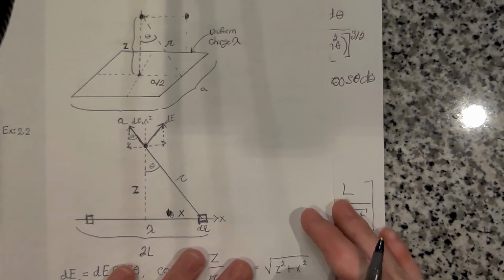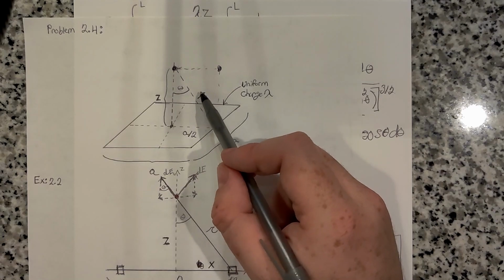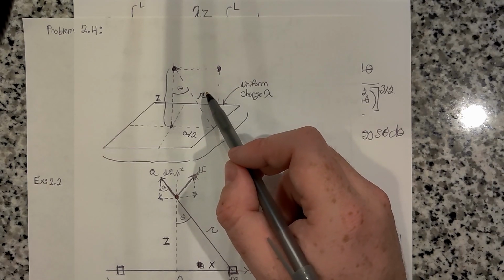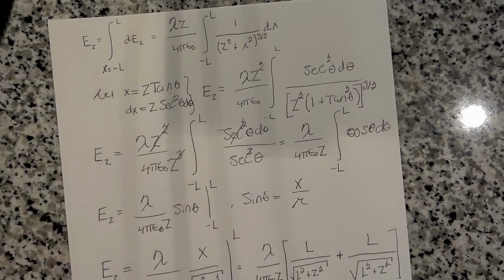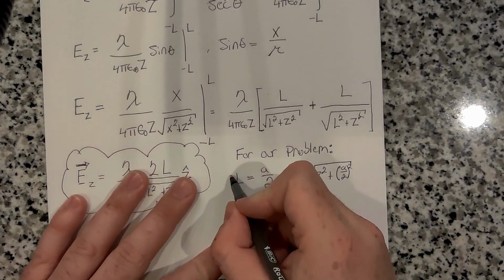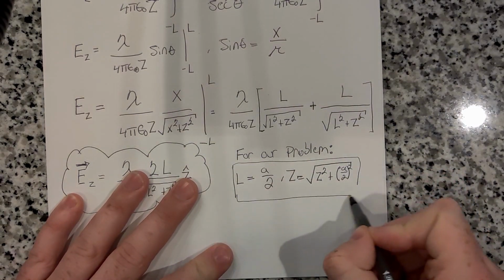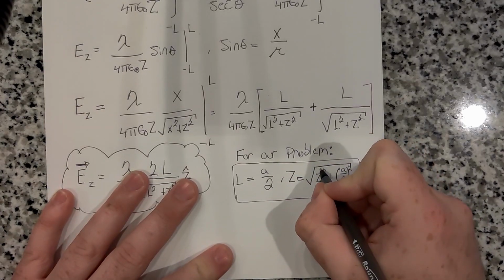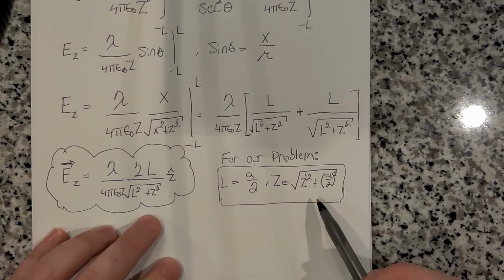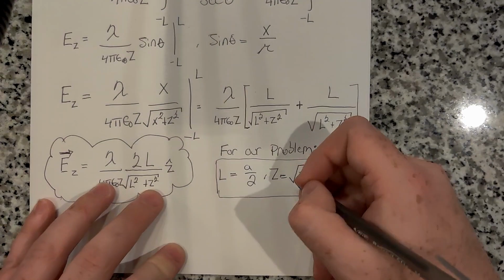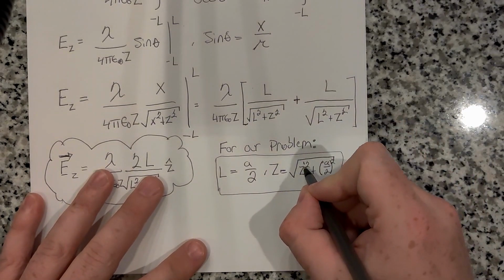So script r here is equal to the square root of z squared plus A over 2 squared. So these are the sort of transformations we have to make. And this z in the square root, I should really call it z prime. It's a different z. Well, in a way it's not, but we should really call it a different variable.